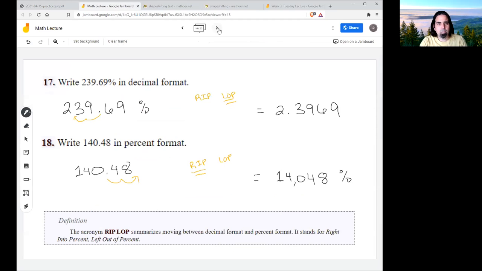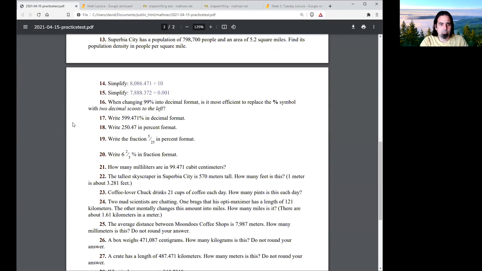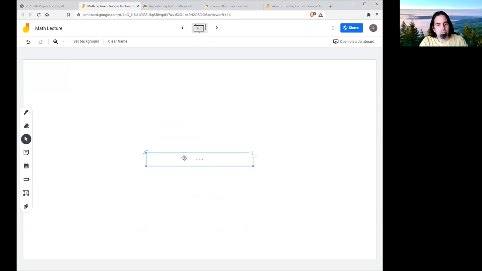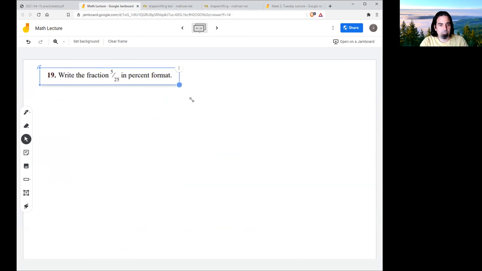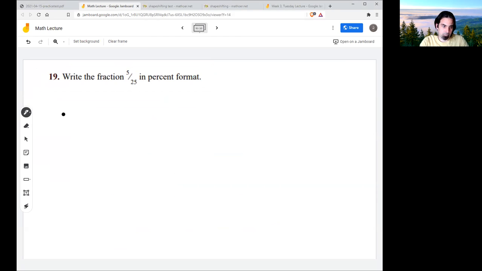Where were we? 18. Now we're doing fraction to percent. So I have 5/25. I want to make that fraction into a percent. It would be nice if I could use riplop. Riplop was fast and easy. So how do I get there?